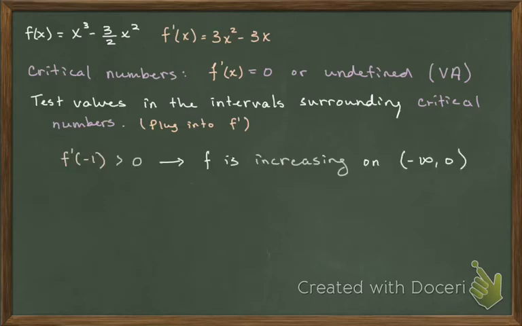So in the previous page, we saw that the derivative evaluated at -1 was positive, which means that f is increasing on the interval where that test value lives, right? So that test value lives in the interval from -infinity to 0. So the function is increasing on that entire interval.